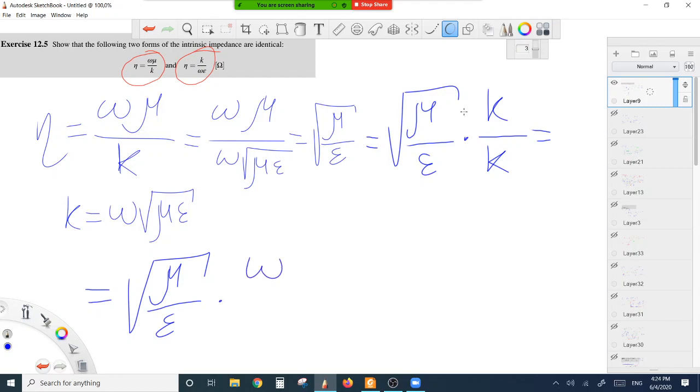K is omega square root of mu epsilon over omega square root of mu epsilon.